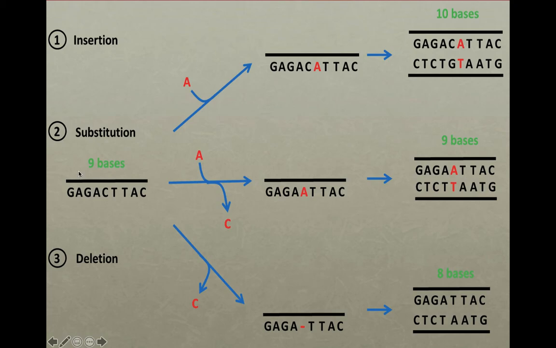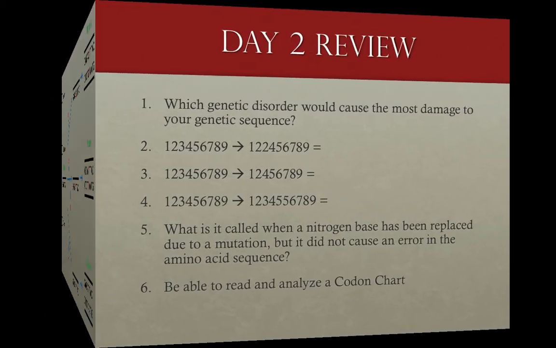If the normal one has 9 and the next one has 9 as well, we know that it's substitution because all we did is replace. Deletion, if it has less than the original, then that means it's deletion. So that's a little tip for you to navigate that and pick them out, because sometimes it can be a little bit daunting. Hopefully that tip helps out.